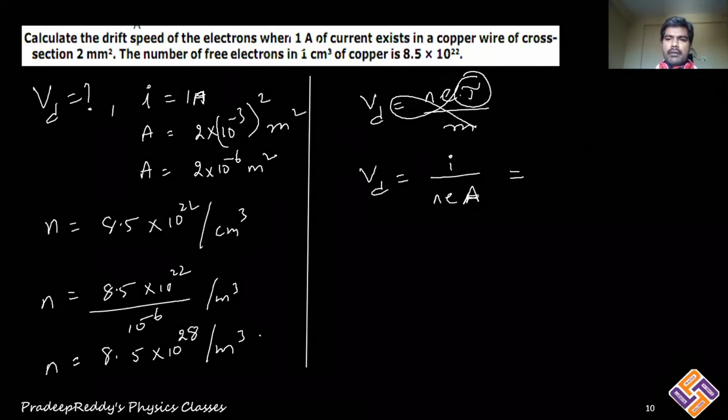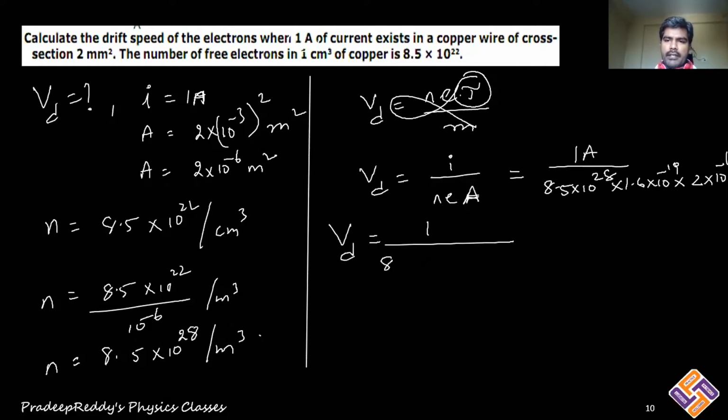What is the current given? 1 ampere, divided by n, the number of electrons, 8.5 into 10 power 28, into the charge of the electron, 1.6 into 10 power minus 19, into A, the area of cross section, 2 into 10 power minus 6. This gives drift velocity as 1 by 8.5 into 1.6 into 2 into 10 power.